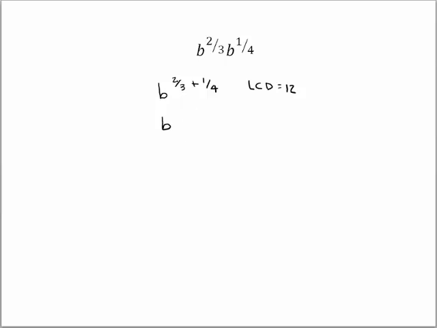To make this a 12, I have to multiply by 4. So that becomes 8/12. To make this a 12, I have to multiply the top by 3. Actually, I'm multiplying both of them by 3. 3/12. Now I can add them.